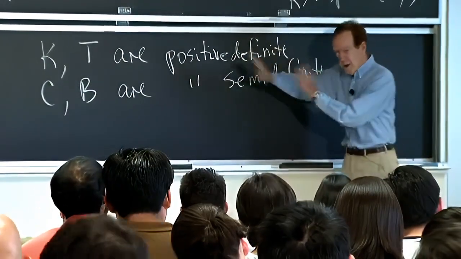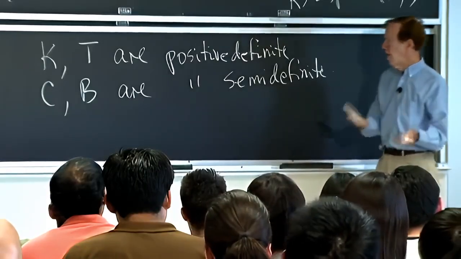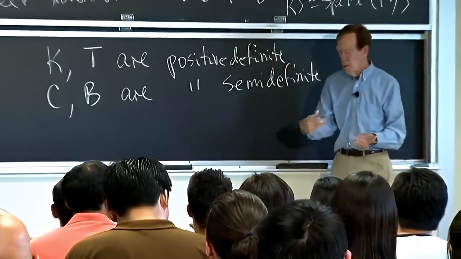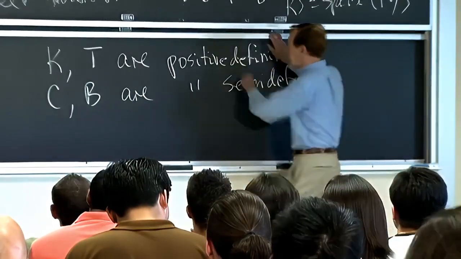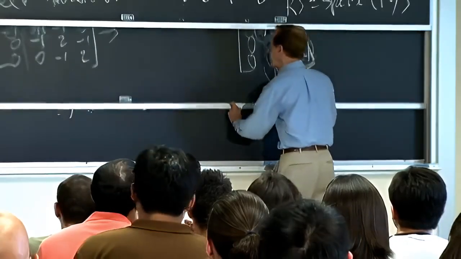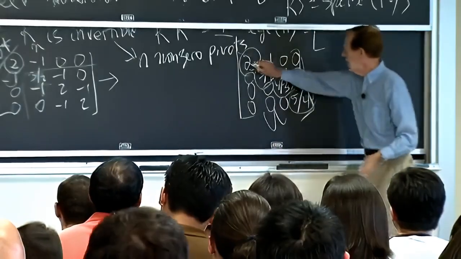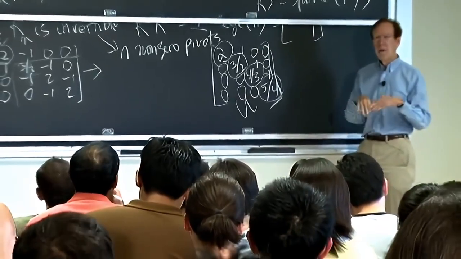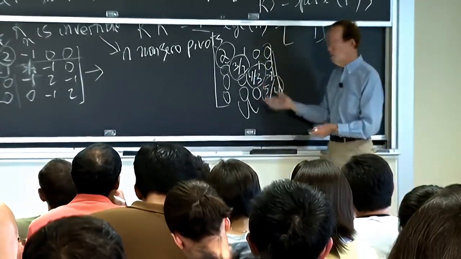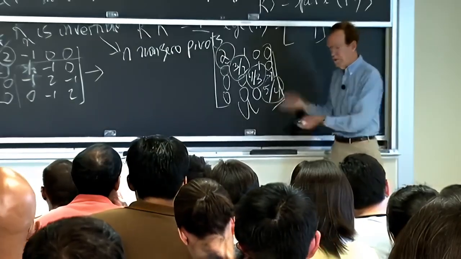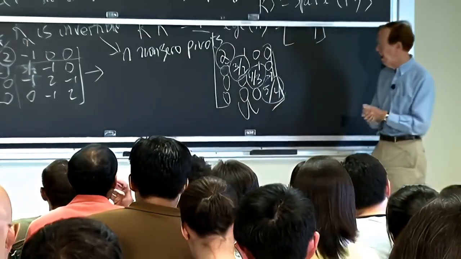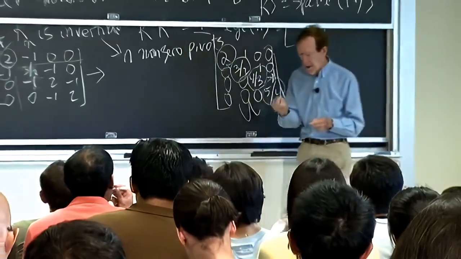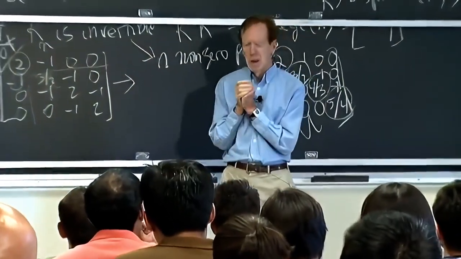Positive means greater than 0. And what is greater than 0 that we've already seen, and we'll say more? The pivots were. So if I have a symmetric matrix and the pivots are all positive, then that matrix is not only invertible, because I'm in good shape, the determinant isn't 0, I can go backwards and do everything. Those positive numbers are telling me more than that: the matrix is positive definite.